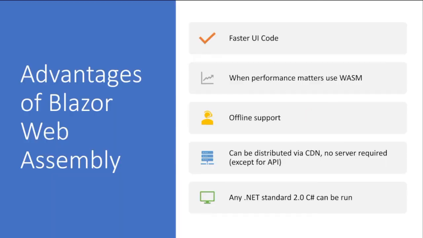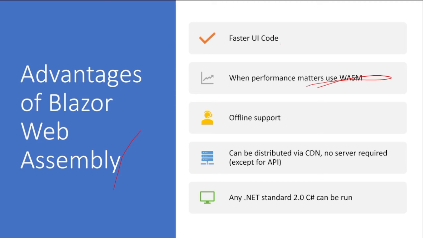Now we can see the advantages of Blazor WebAssembly. It has faster UI code because it uses a UI library, so it can be faster. Whenever we want our application to have more performance, we go for WebAssembly. Offline support is also possible.